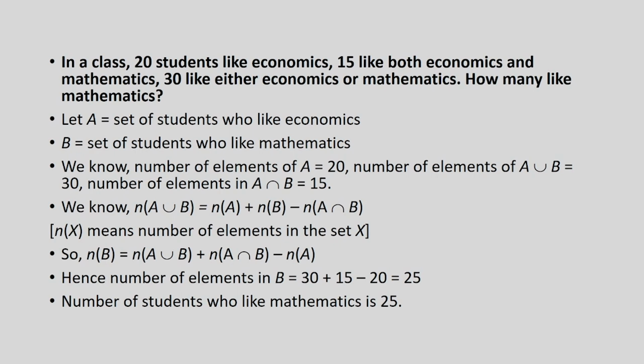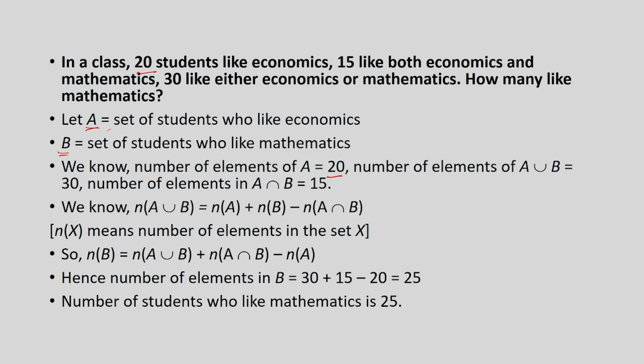Here, let us suppose that A is the set of students who like economics and B is the set of students who like mathematics. What do we know? We know the number of elements of A is 20, right. A is the set of students who like economics, that is 20.